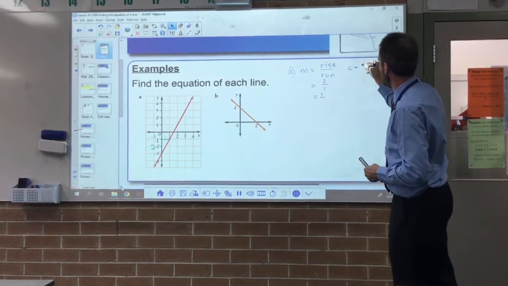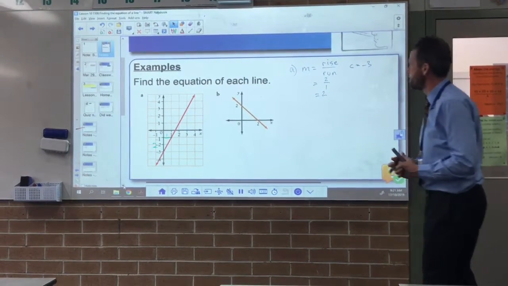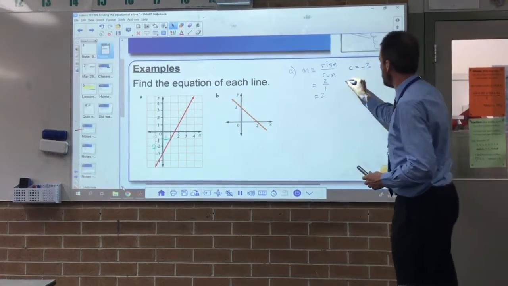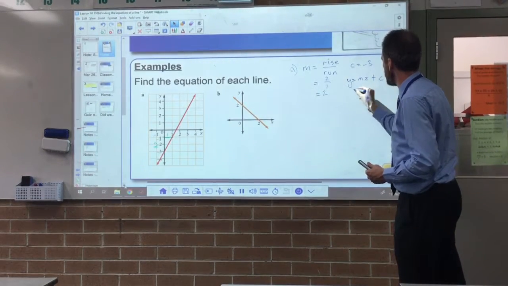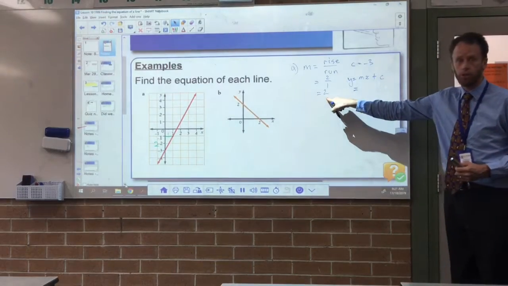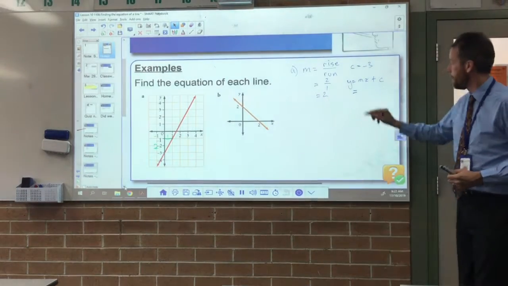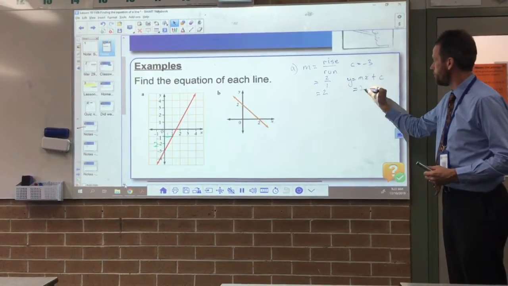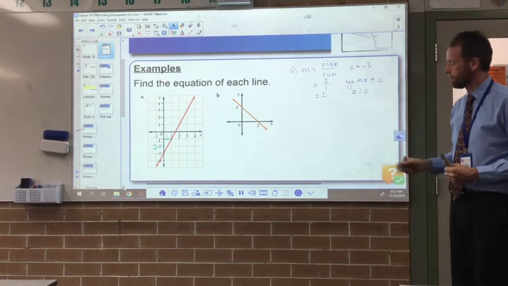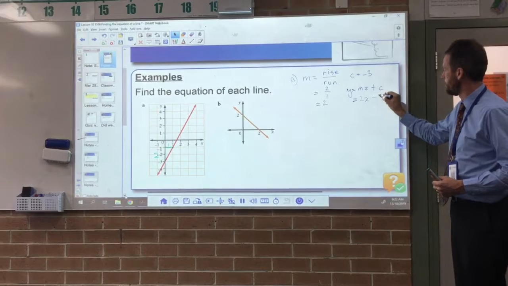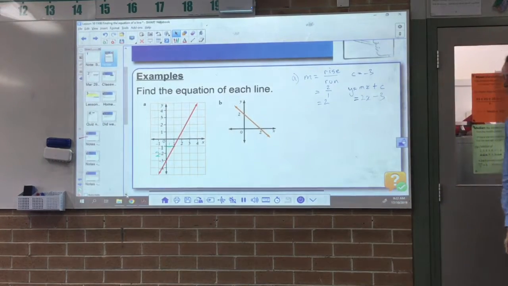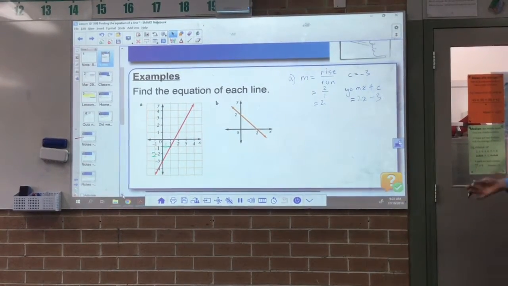So c equals minus 3. To write it in the form y equals mx plus c, all I have to do now is substitute my values. M I replace with 2x plus, but I notice it's a negative, so it's actually minus 3. How easy is that? So much easier.